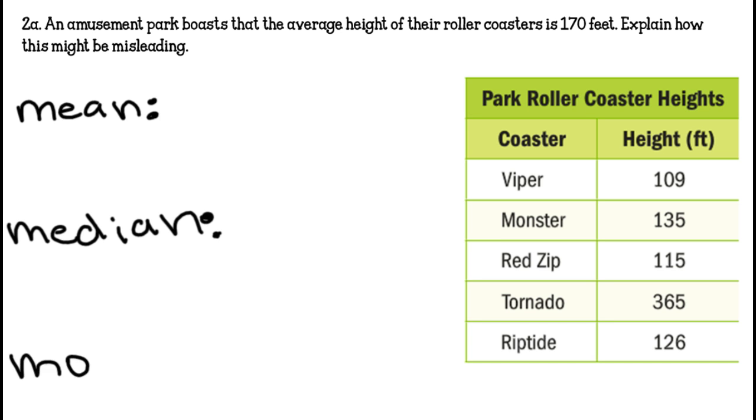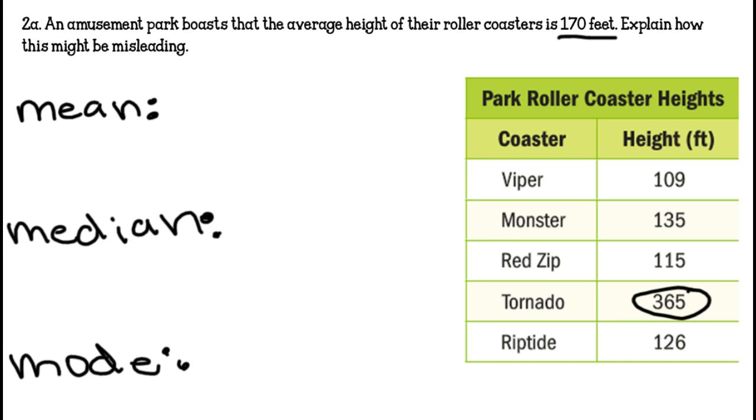So we're going to see which one are they using when they say that the average of the roller coasters is 170 feet. Because if you look, you have 109, 135, 115, 365, and 126. So to me, 170 feet is not actually a good analysis of what their roller coasters are, because if you look, there's only one that's over 170 feet, and that's the Tornado.